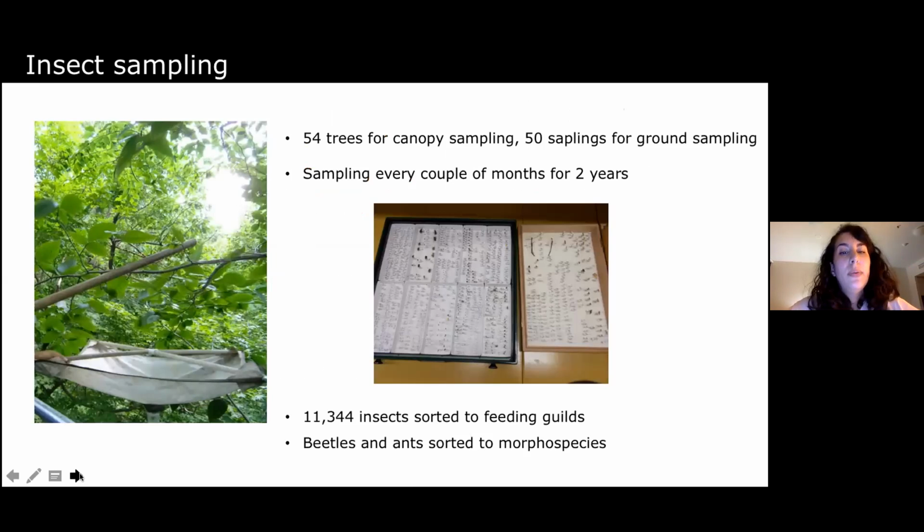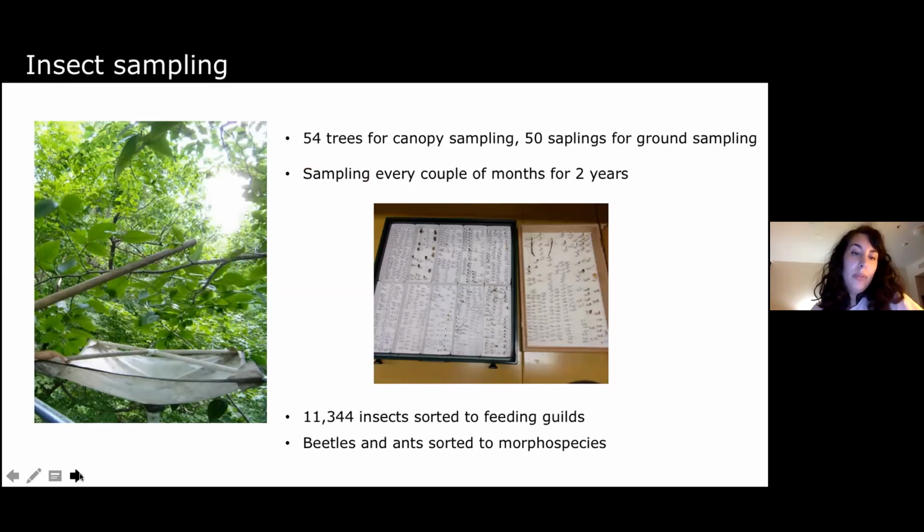All right, so in terms of my sampling, I sampled about 100 trees in total, half of them in the canopy and half at ground level, and obviously half at the drought plot and half in the control plot. I sampled every couple of months for 2 years.